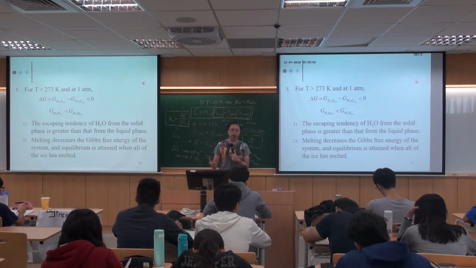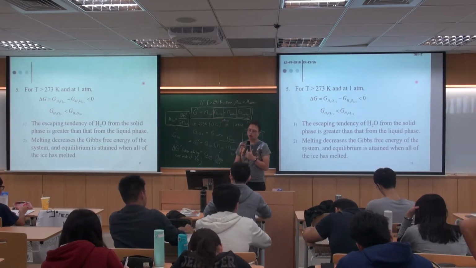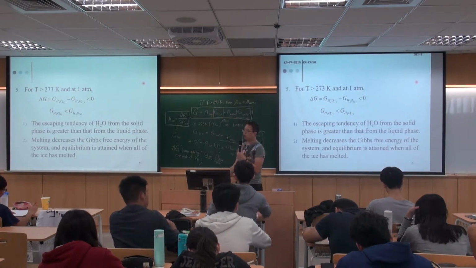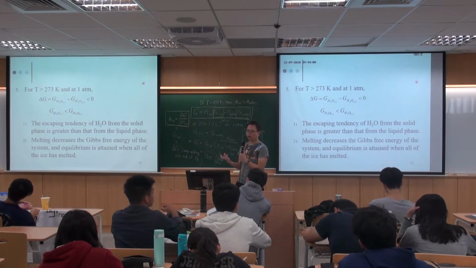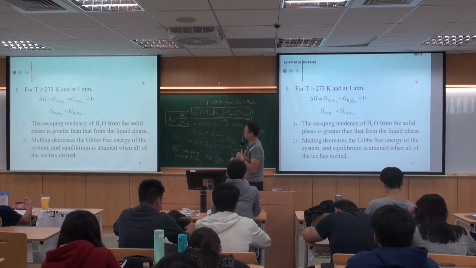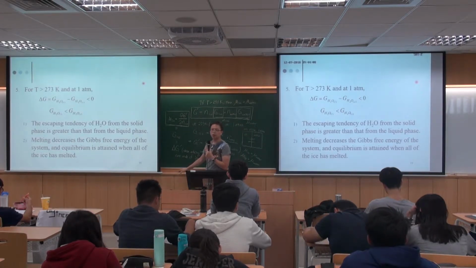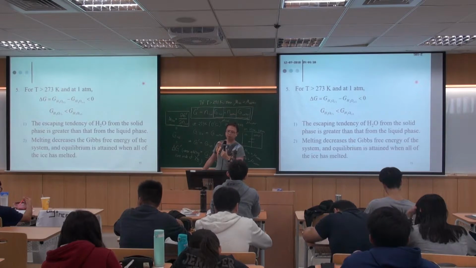And like I mentioned earlier, just briefly, when temperature is greater than 0 degrees Celsius, we know that the stable phase should be the liquid phase, should be water. Therefore, the chemical potential of ice should be greater than that for water.